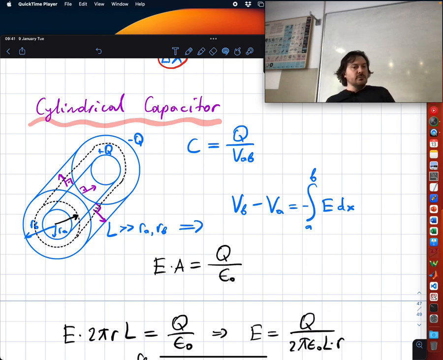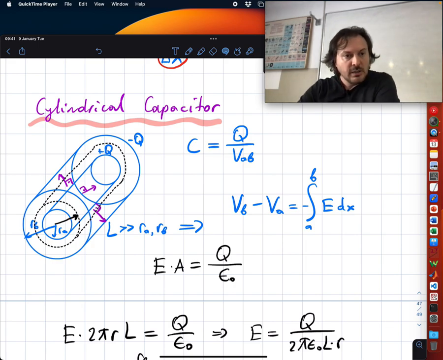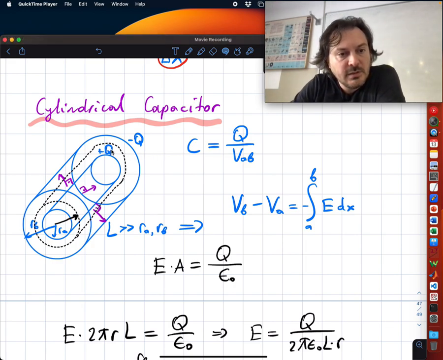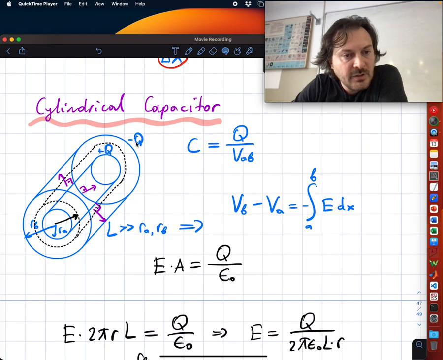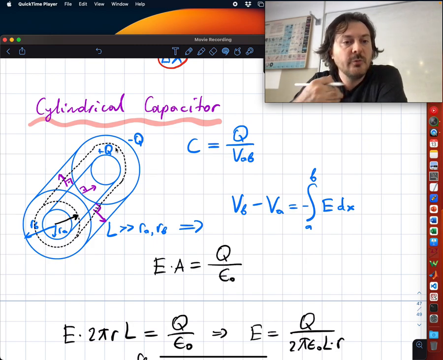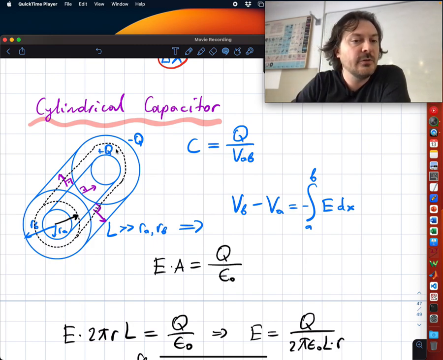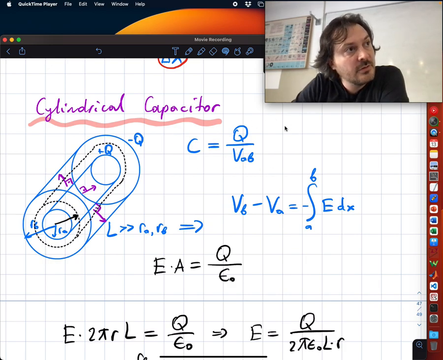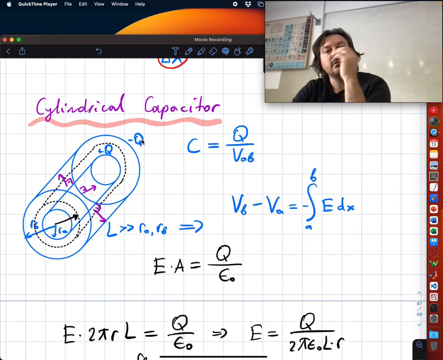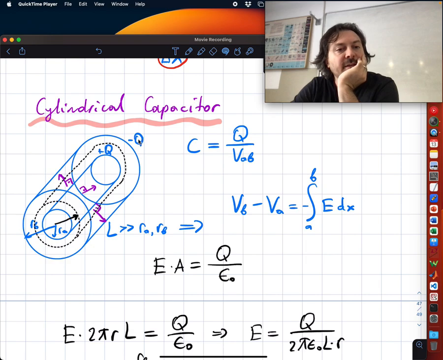Yes, so the question is, if it was just plus Q here and plus Q here, we wouldn't be able to do all this calculation. The point is that we are the ones putting plus Q here and minus Q here for the purpose of calculating capacitance from this definition. But if it's plus Q here and plus Q here, is there still a potential difference?